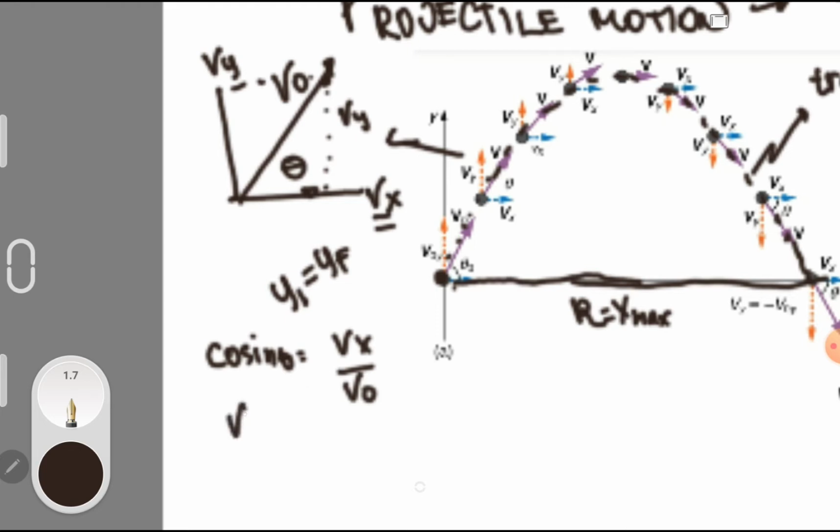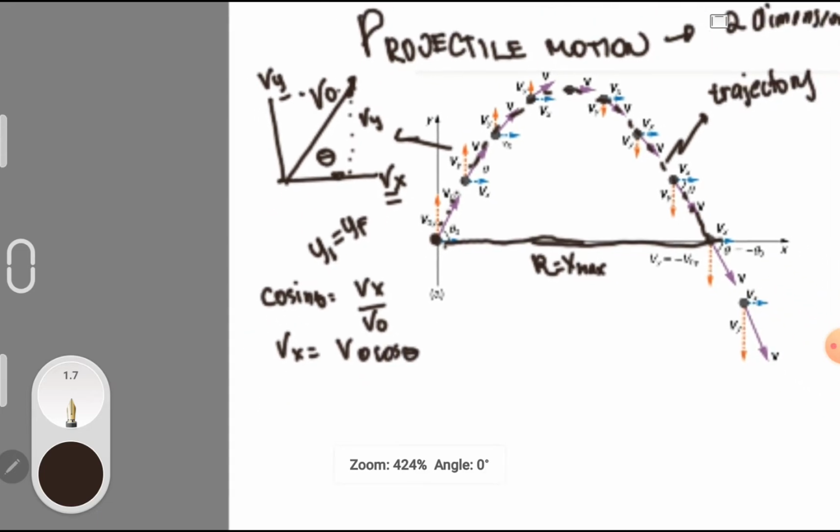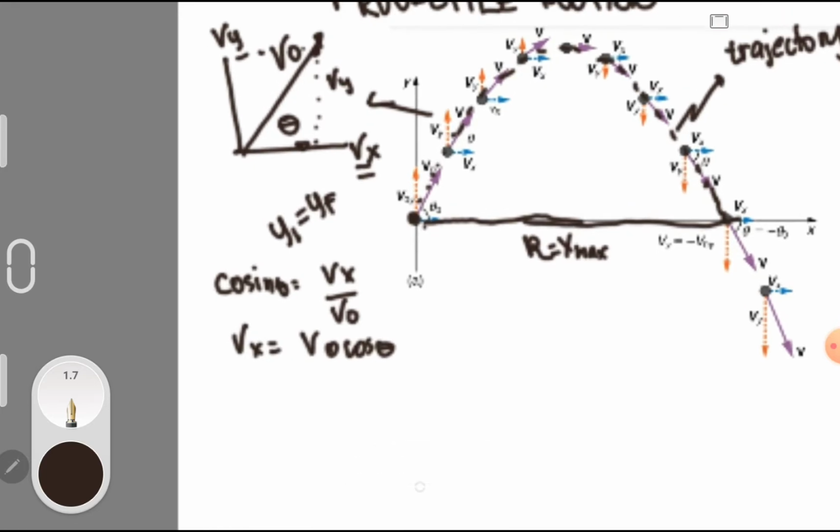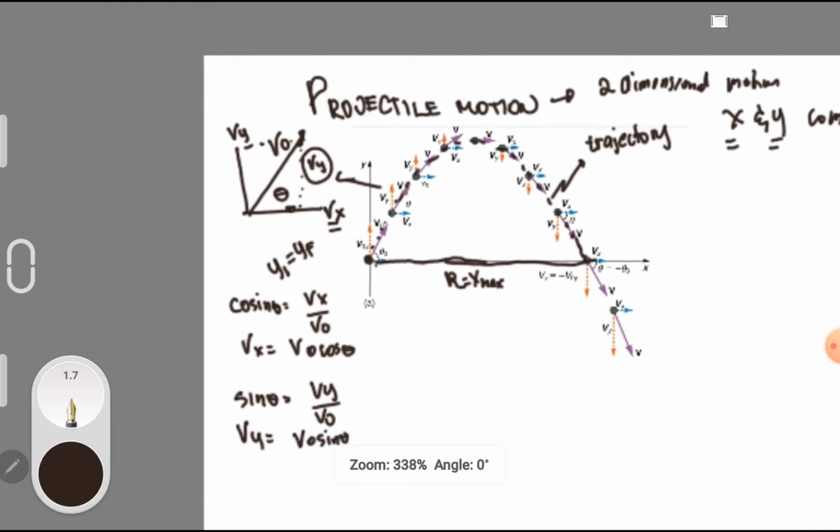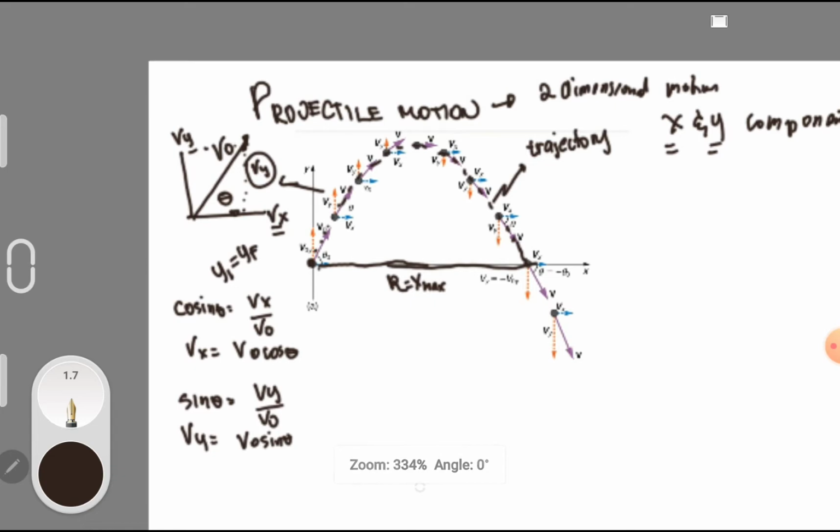So your Vx is just equal to Vo cosine theta. And then our Vy, opposite over hypotenuse, so sine theta is equal to opposite, your Vy, over your hypotenuse Vo. Therefore our Vy is equal to Vo sine theta. This is the breakdown of your velocity, Vo.